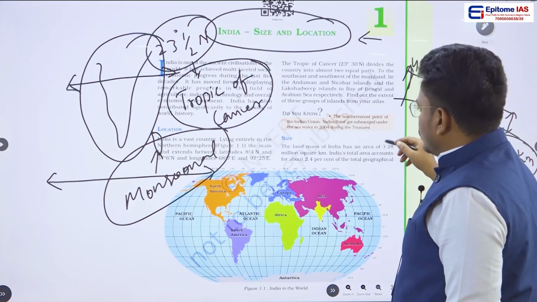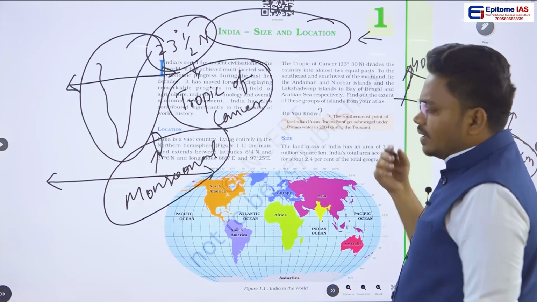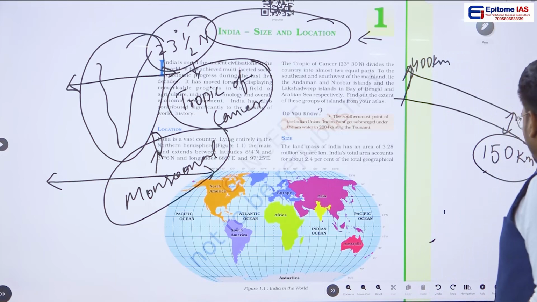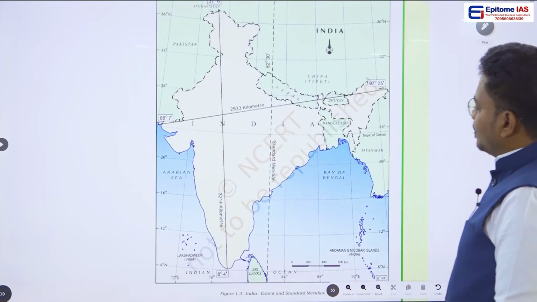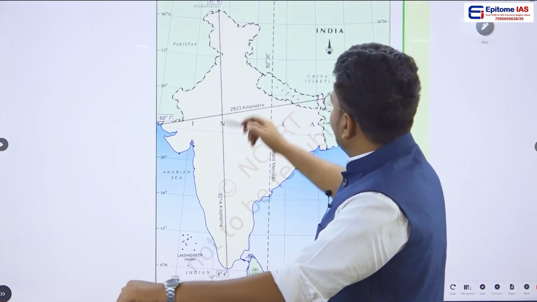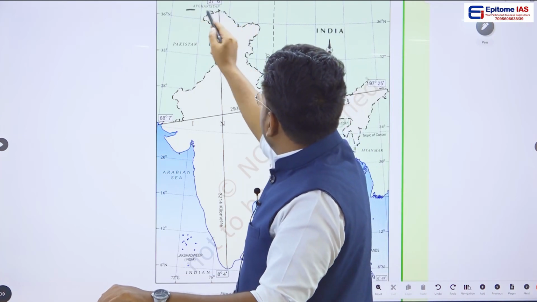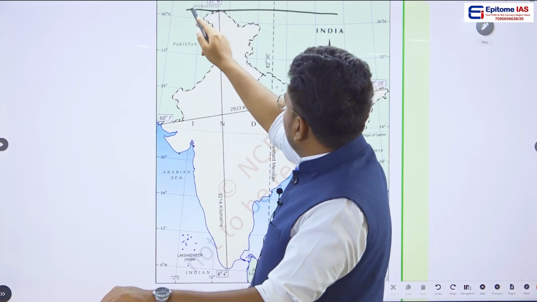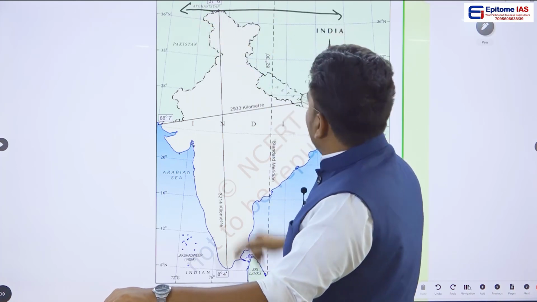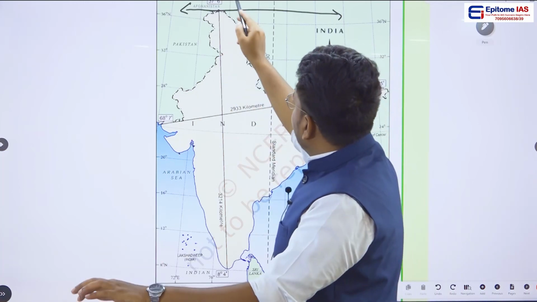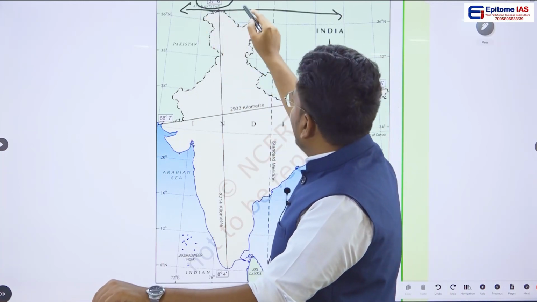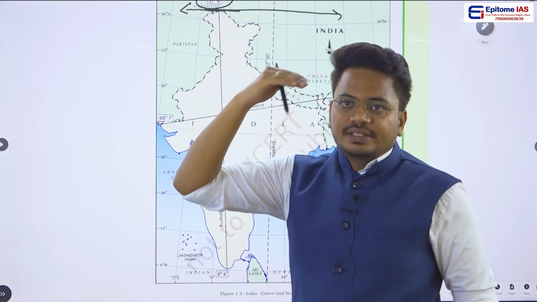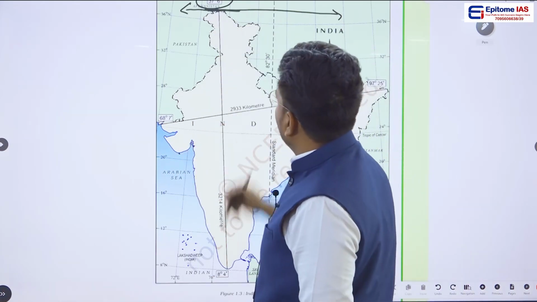So this particular chapter is again giving out these facts. If you see the longitudinal and latitudinal extent of India, in previous chapters we learned that towards the northernmost tip of India, 36 degrees 6 minutes north latitude is the northernmost latitude passing through India.